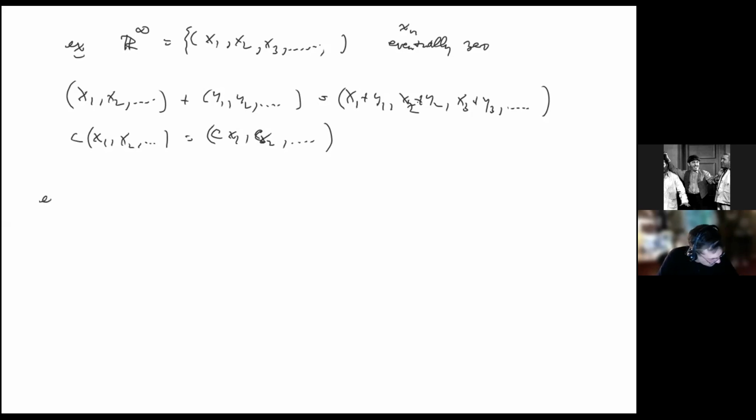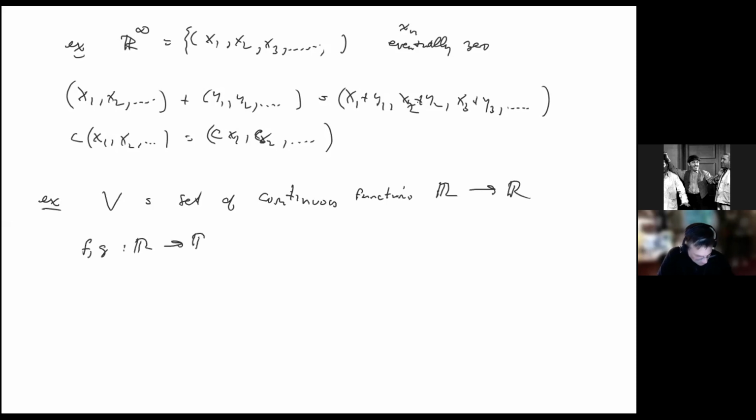Here's another example. Suppose we look at the functions, say the continuous functions. Let V be the set of continuous functions on the real line, R to R. So if you're given two functions, f and g, from R to R, you can add.